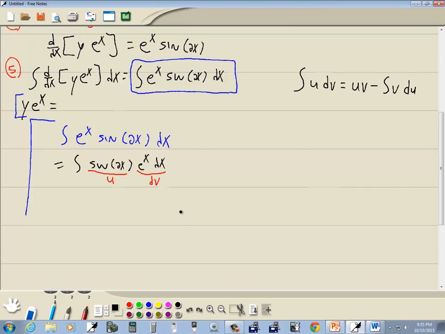Okay. Well, in order to plug in our formula, we need u and v. Well, how we get v on this is, well, let me clean that off. Trying to figure the best way to write this.